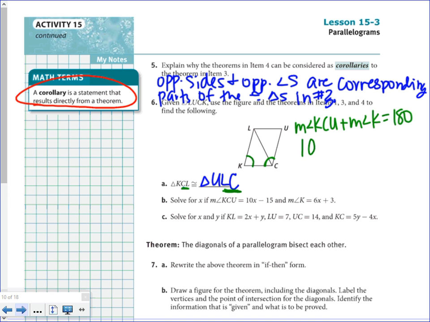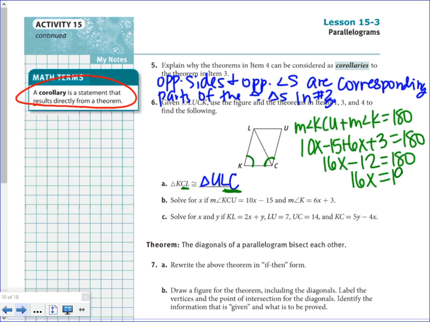So we can set up the equation 10x minus 15 plus 6x plus 3 equals 180. And from there you solve for x. So combined like terms, 16x minus 12 equals 180. Add the 12 to both sides to make 16x equal 192. And then divide by 16 to make x equal 12. And that's all it asks for, solve for x.